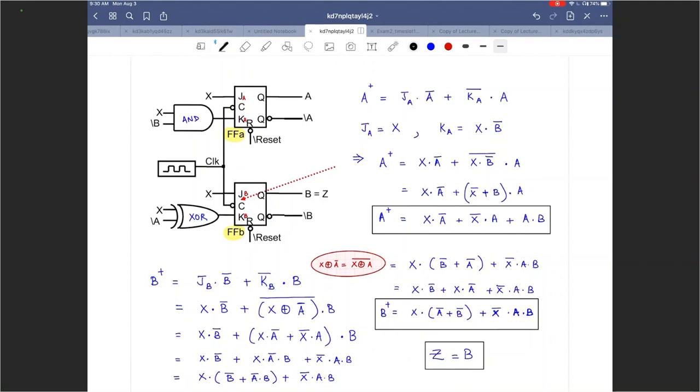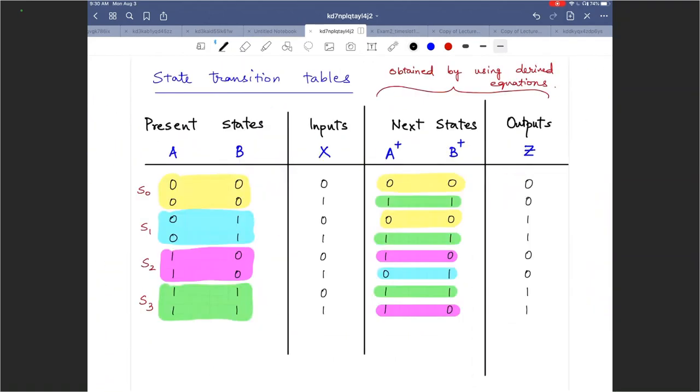But even if you don't simplify, as long as you have the equation, even in the unsimplified form, you should be able to just plug in the bits to get to the state encoded transition table. Once you get to that, then you associate states and then you move on to the state diagram.